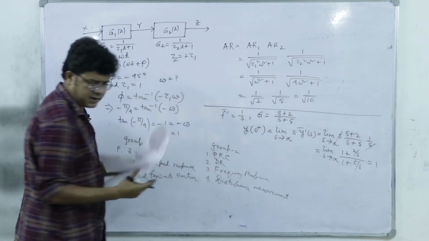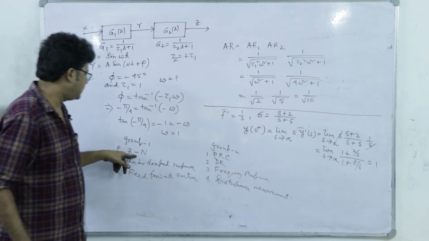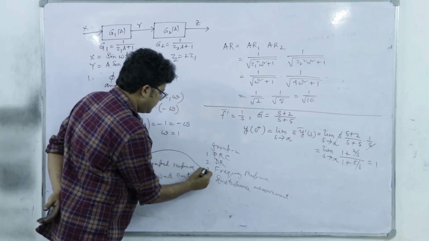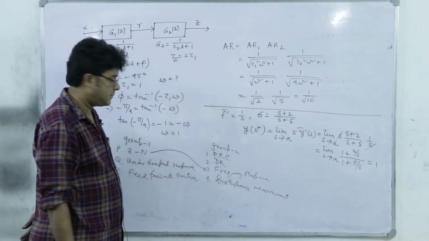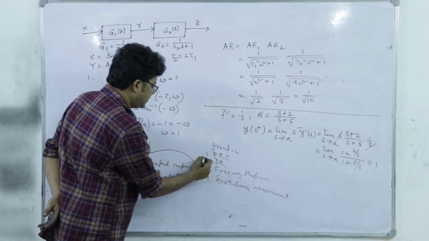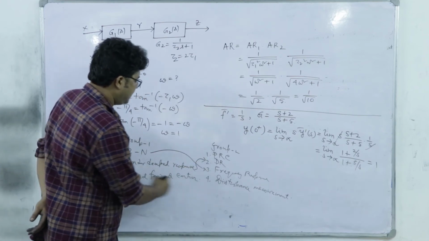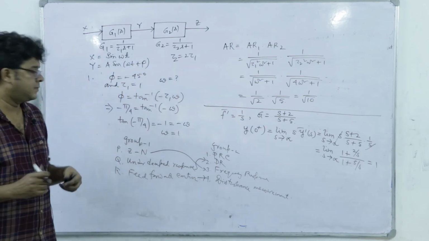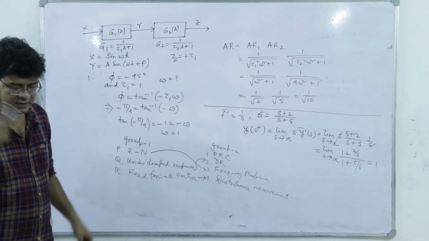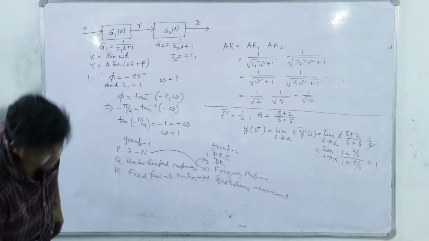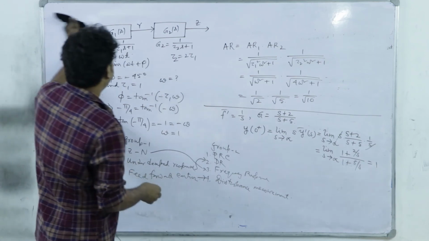So obviously Ziegler-Nichols is related to frequency response analysis. Underdamped response is definitely associated with decay ratio, and feed forward control can be done only when we have the measurement of the disturbance, right.